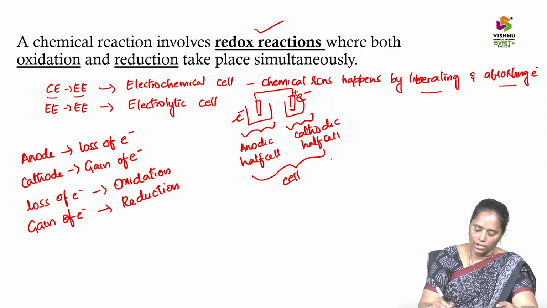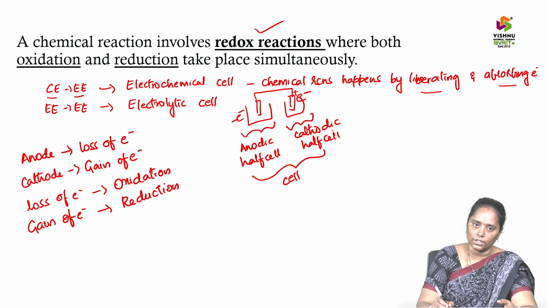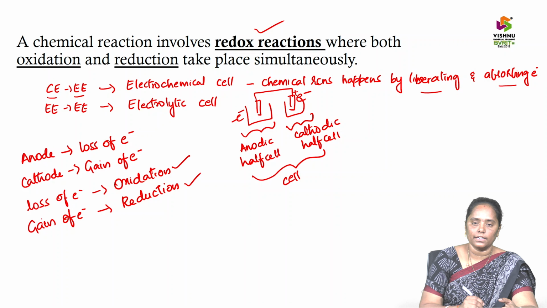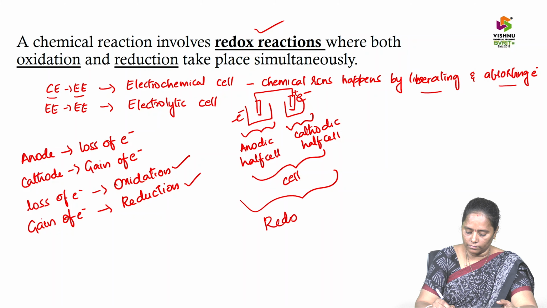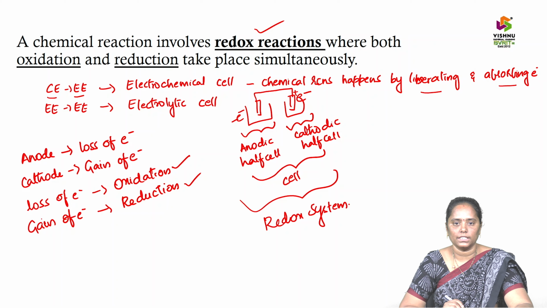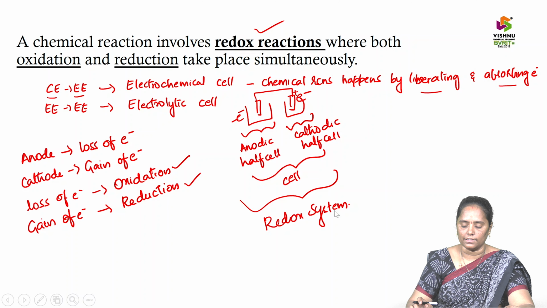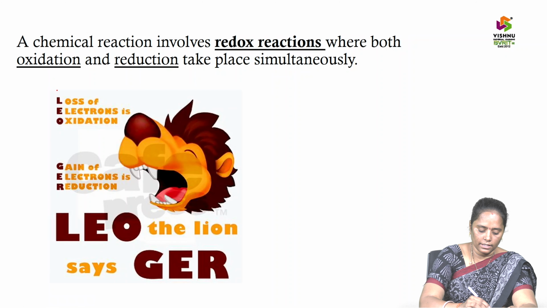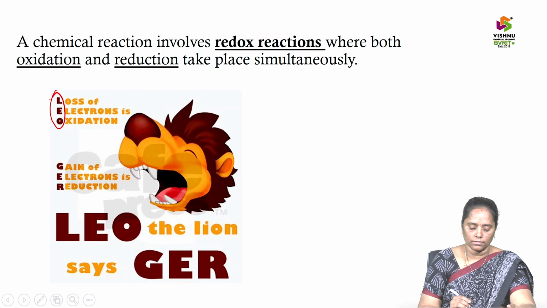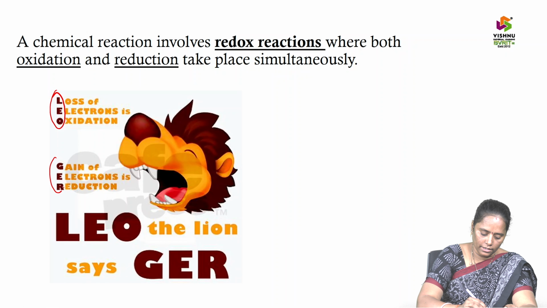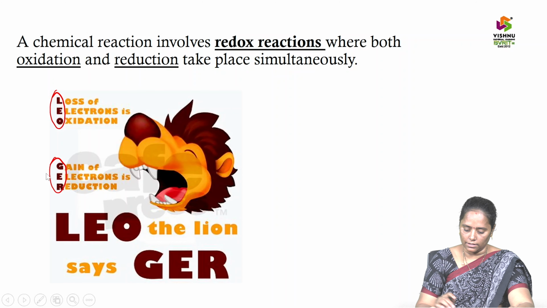In this electrochemical cell having anode and cathode, both oxidation and reduction take place. So, this system is called a redox system, where both oxidation and reduction take place simultaneously. You can see here, loss of electrons is oxidation, gain of electrons is reduction.